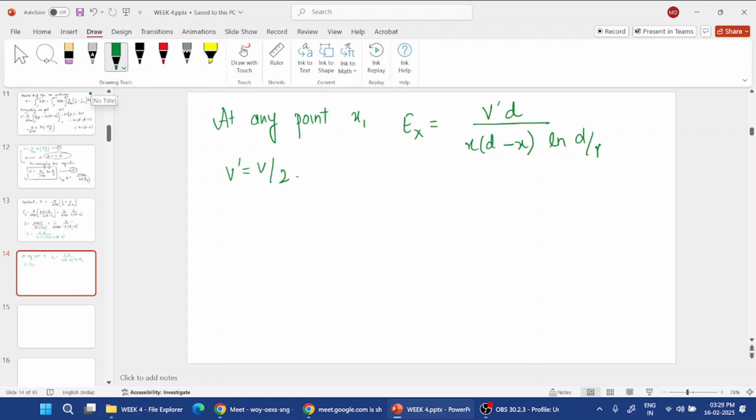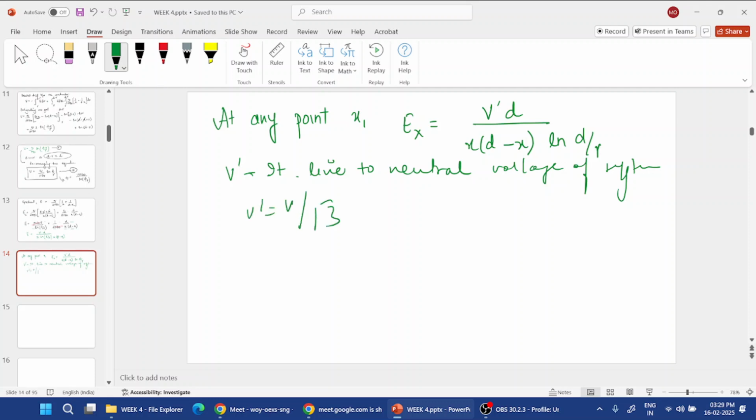What is V' here? We can also say it is the line to neutral voltage of the system. Now for any three-phase system, V' will be equal to VL/√3.